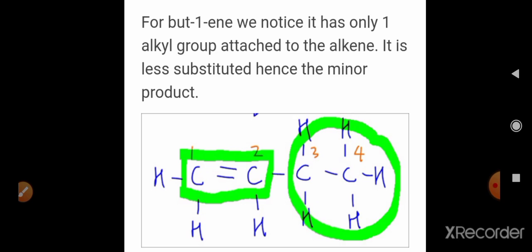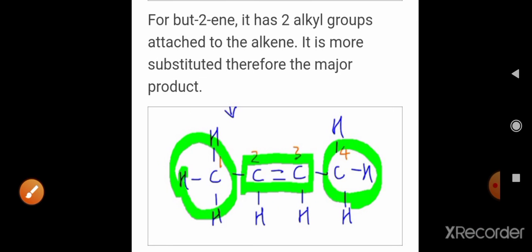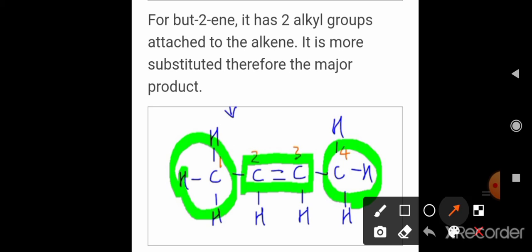In this structure, you can see that this is the carbon-carbon double bond. One carbon is bonded with C2H5, but the other carbon is bonded with two hydrogen atoms. And in the second case, this carbon is bonded with a methyl group and the other carbon is also bonded with a methyl group.